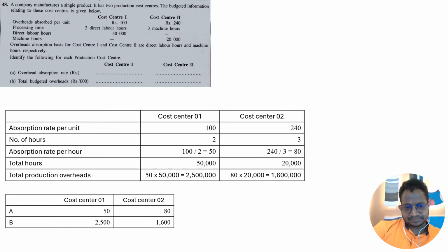Then you get the absorption rate per hour, and multiply the absorption rate per hour by the number of hours, then you get the total production overhead.